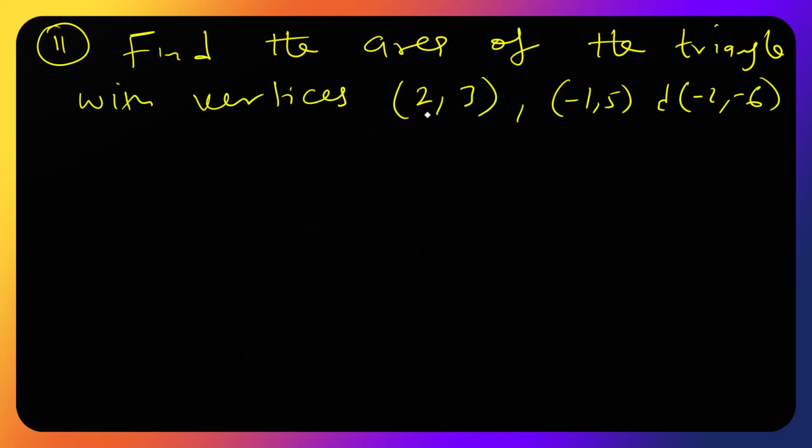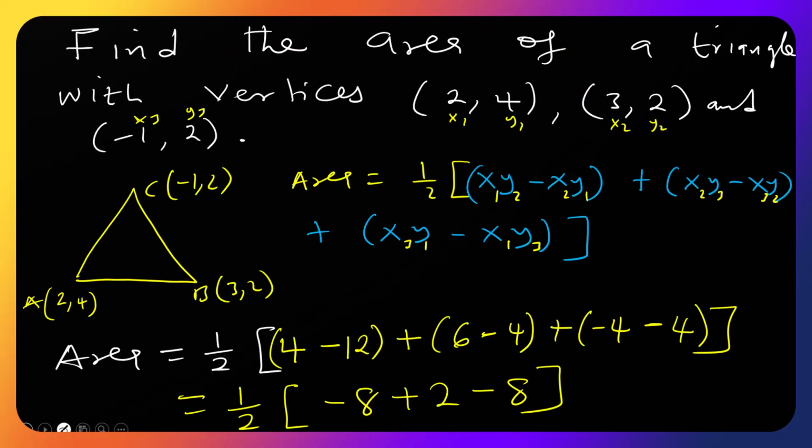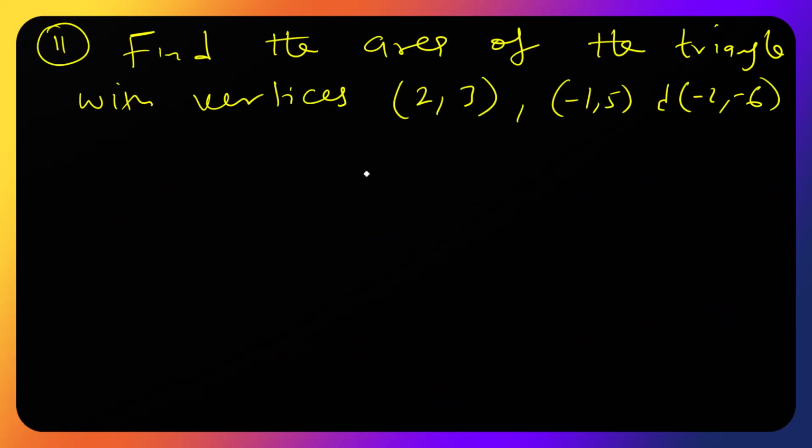All right, let's look at the second example. This time we have 2, 3, minus 1, 5, minus 2, minus 6. We don't want to waste time here. Since we've already solved one, this one will throw more light on the second one. Let's label the points straight away: x1, y1, x2, y2, x3, y3.